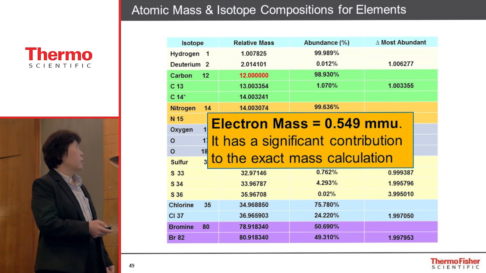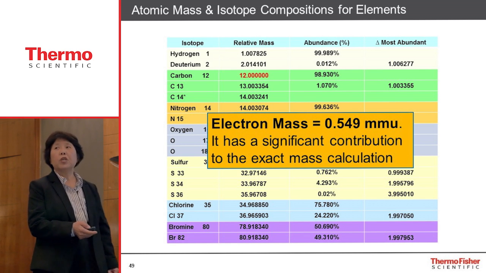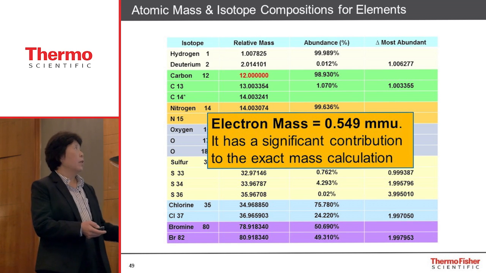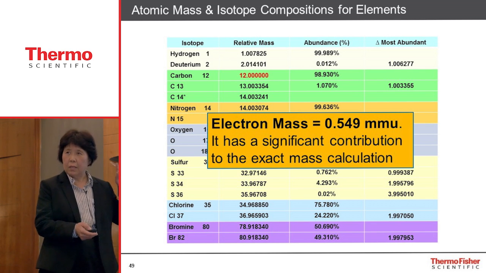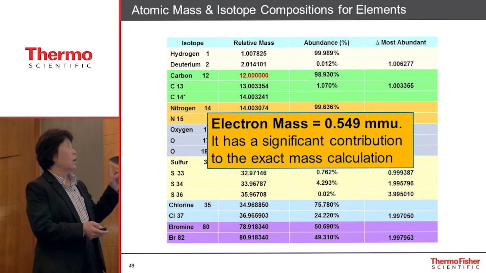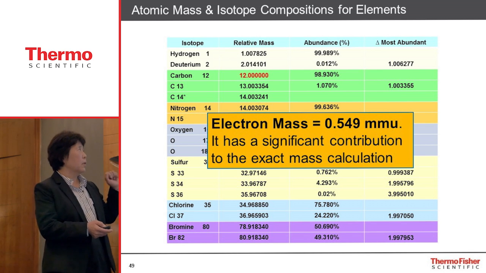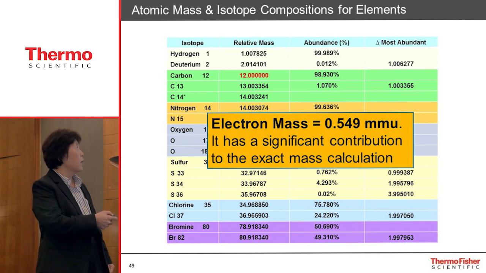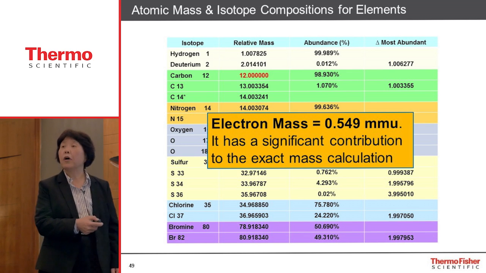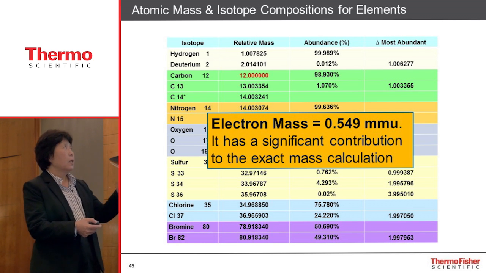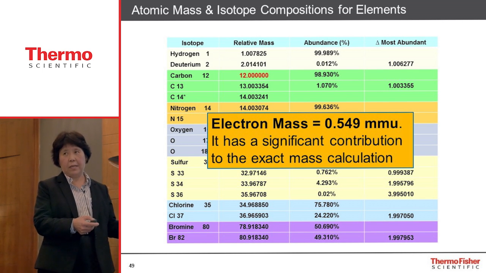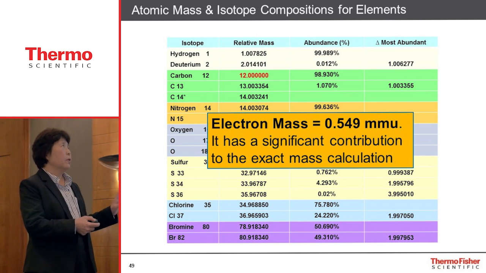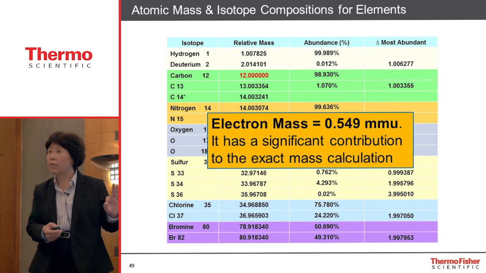Those stable isotopes have 3 unique properties. One, they have a unique atomic weight, and how accurate depends on how many decimal points you want to use. Secondly, they have their unique relative abundance. Third, the mass difference to the most abundant is fixed. So these unique properties we call nature's fingerprint.